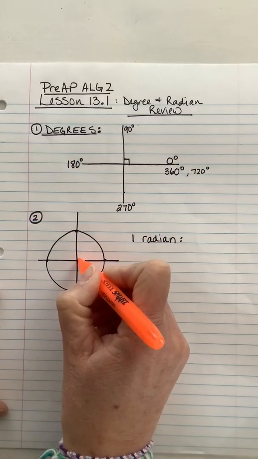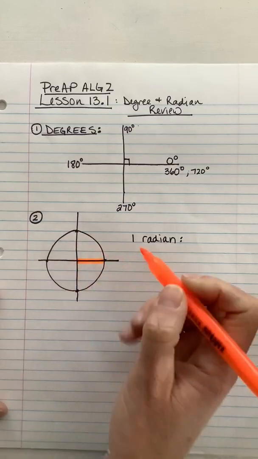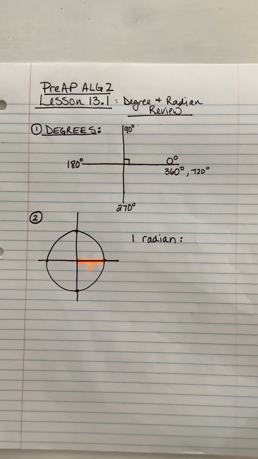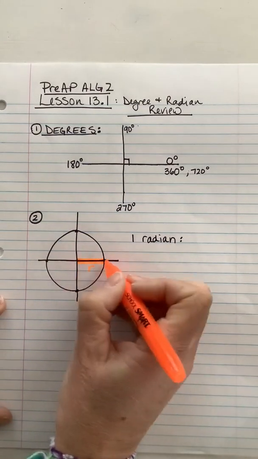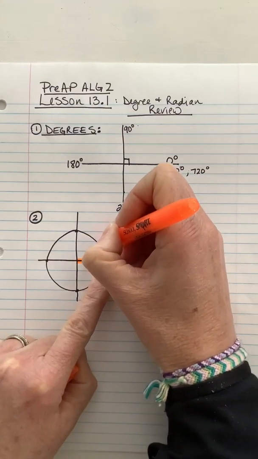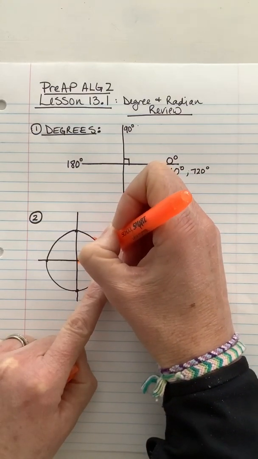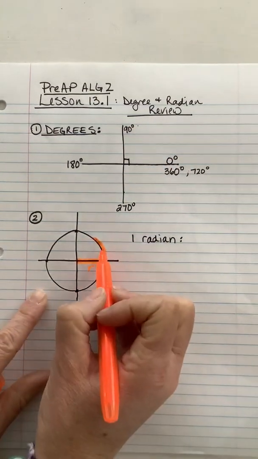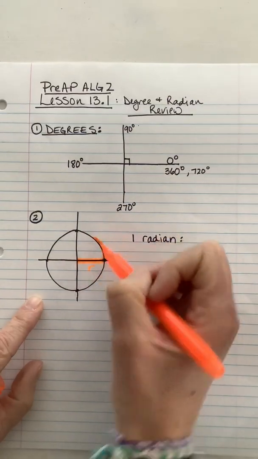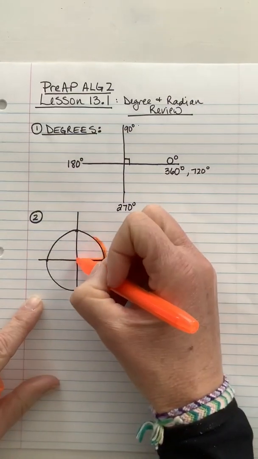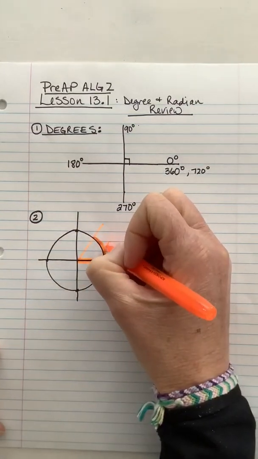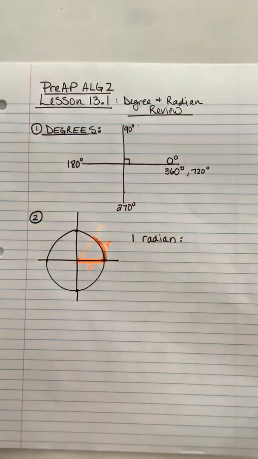This is my radius, r. How's that orange showing up? Pretty good, not bad. That's radius r, and let's say it is this length. Now, if I take that radius and fold it along the circle, it looks about the same length. If I were to straighten it out, it might be the same length as the radius. What I've done here is form an arc of the exact same length, length r.